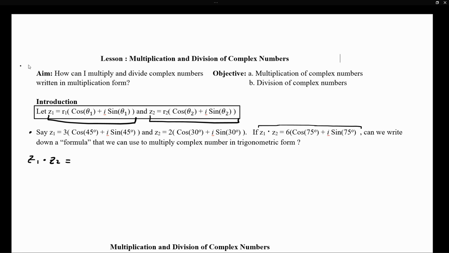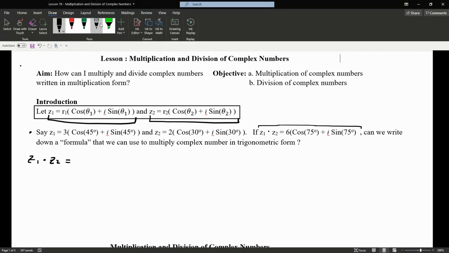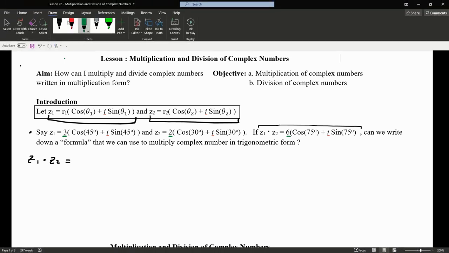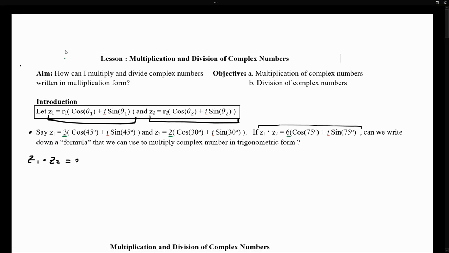Well, let's see what happened when we multiply complex numbers. Well, the first thing that you might have noticed is that if we take a look at the value of r, if I multiply them, it gets me 6. So perhaps when I'm multiplying complex numbers, I'm really just multiplying the values of r. But now, what exactly happens to the degrees?